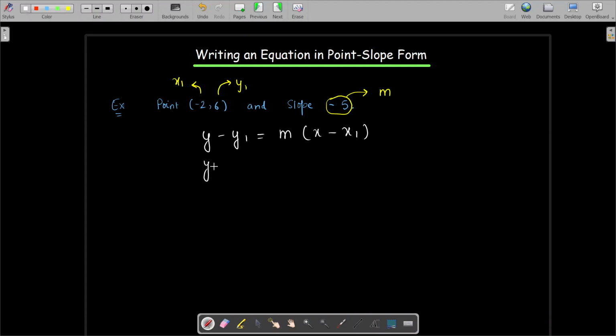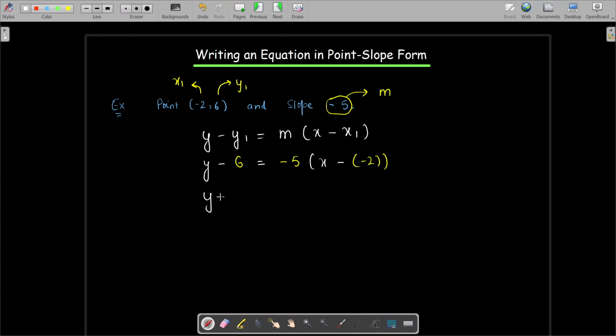So we'll get y minus y1, which is 6, equals slope, negative 5, times x minus x1. x1 is negative 2. Now we need to just simplify this a bit.